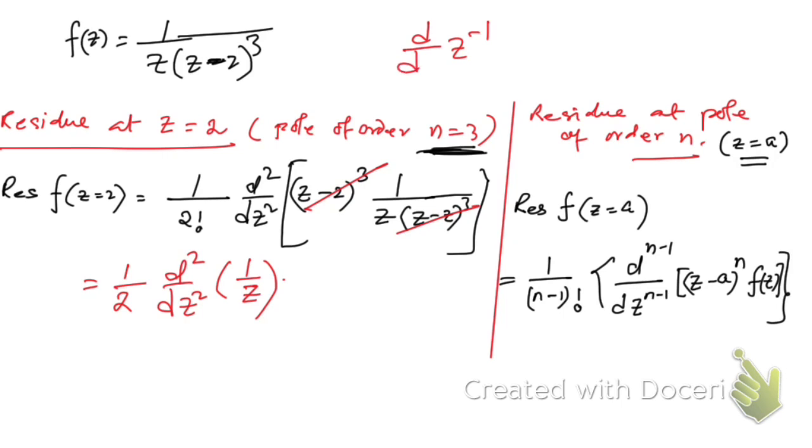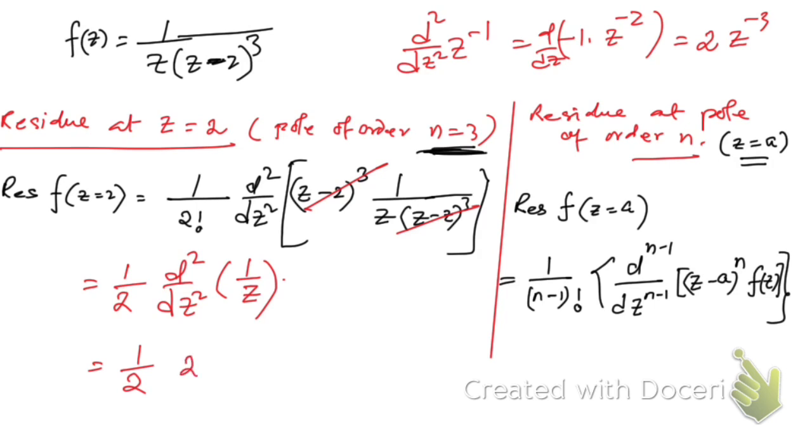If you differentiate it with respect to z, then you get minus 1 into z to the power minus 2. For the second order derivative you differentiate it again, then minus 2 into minus 1 gives plus 2, then z to the power minus 3, that's what you're going to have. Therefore we're going to have 1 by 2 into 2 into z to the power minus 3.